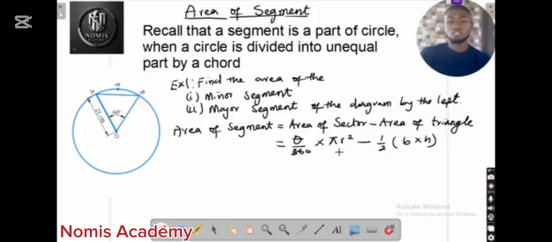But in this case, the base and the height of the triangle are the radii. Therefore, the formula becomes theta over 360 multiplied by pi r squared minus 1 over 2 r squared sine theta. So this is the formula to calculate the area of a segment. Calculate the sector and subtract the triangular part from it, then we have the area of the segment.